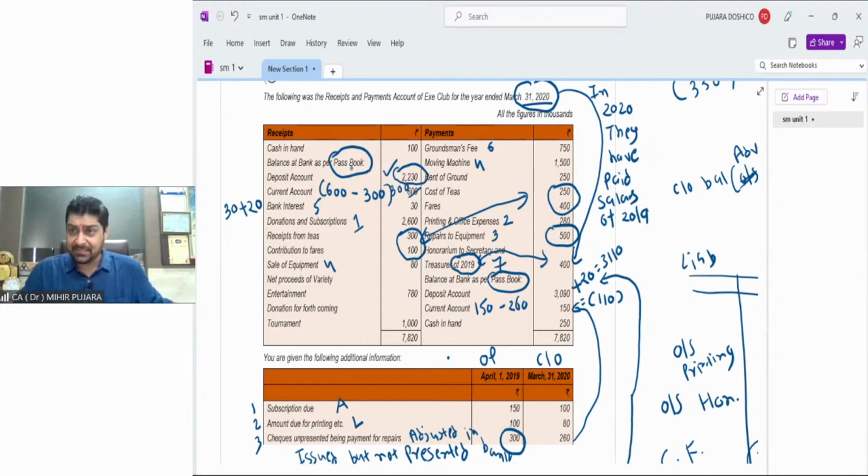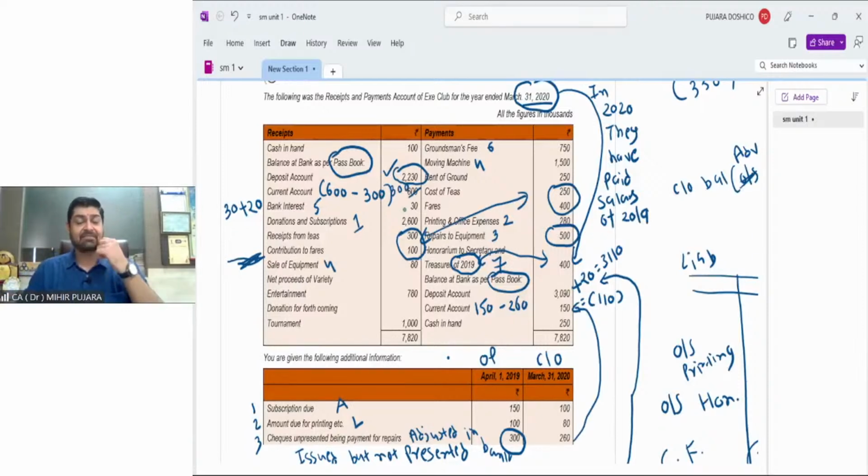We need balance as per cash book, and therefore we have reconciled these balances. Then you are given bank interest, then subscription, then receipt from T's and contribution to fares. As far as I remember, we have completed the question till this point.